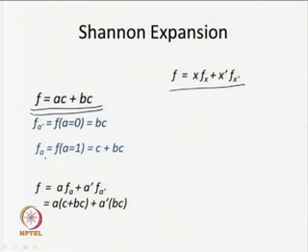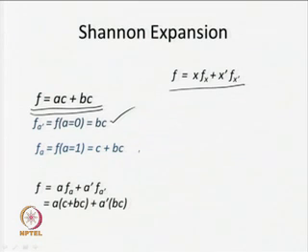So, f a we are going to get as c plus b c, because when we treat a equal to 1, then 1 dot c will be equal to c plus b c. Similarly, f a bar is the function when we think that the value of a is equal to 0. So, f a bar is equal to f when a equal to 0. When we put a equal to 0, then these particular terms become 0, 0 plus b c. So, eventually we are going to get b c.